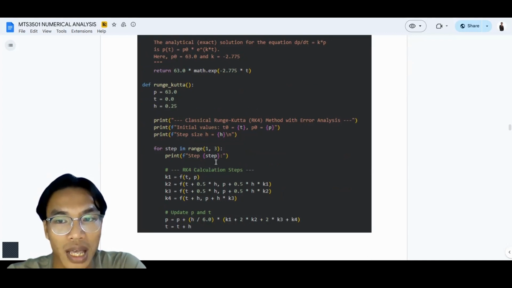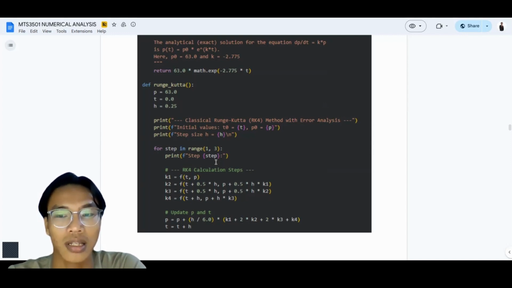For every single step, the code calculates four different slope estimates, K1, K2, K3, and K4, to find the best path forward. For K1, we calculate f(t, p). This is the slope at the beginning of the interval. For K2, we take a half step forward. We use t plus 0.5h and adjust p using K1.